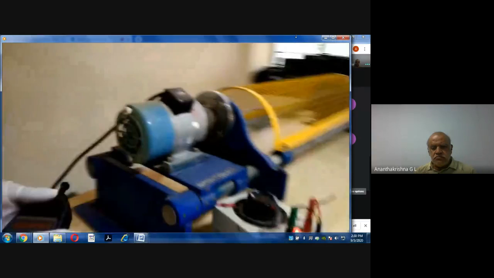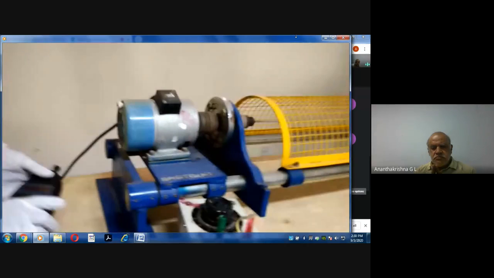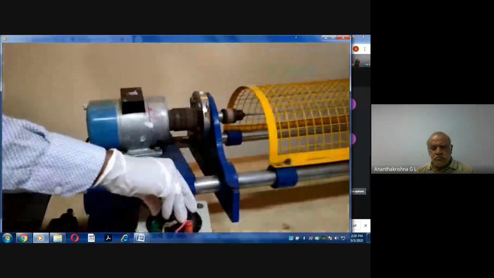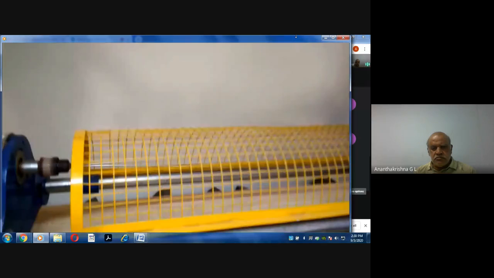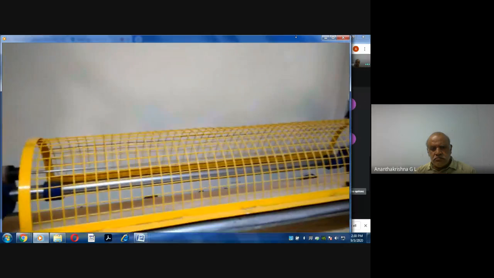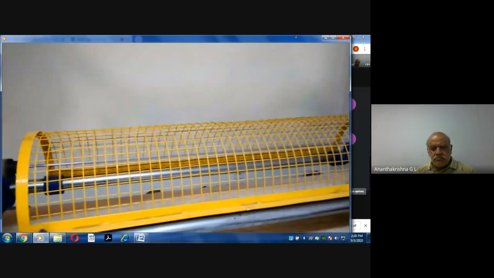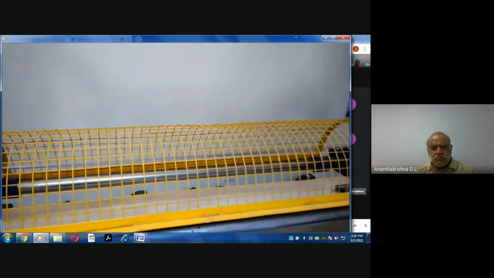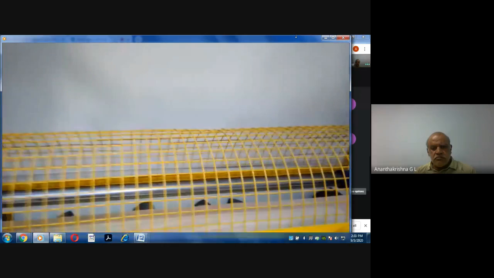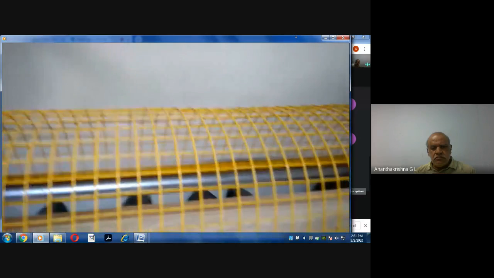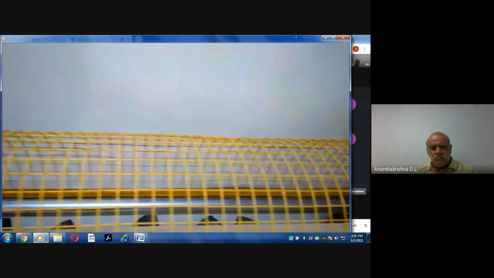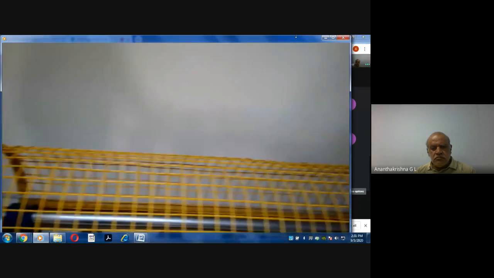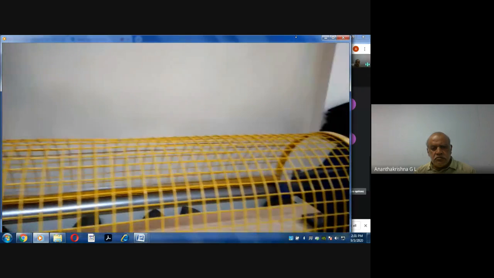Now, keep increasing the voltage through the dimmer tab such that the shaft will go to mode 2 type of vibration. We say mode 2 when you get a node like that where there is going to be zero amplitude, but on either side we have vibration taking place.